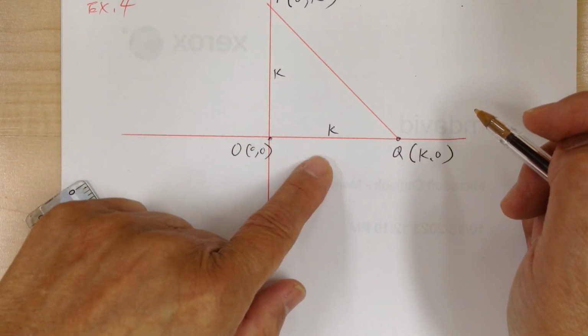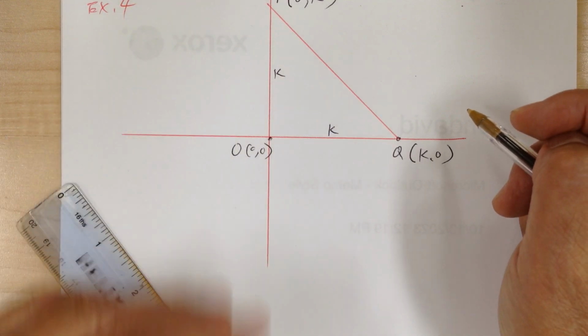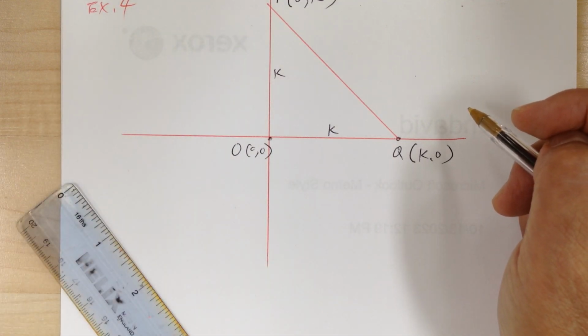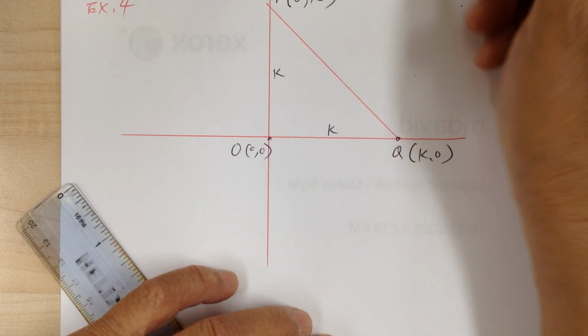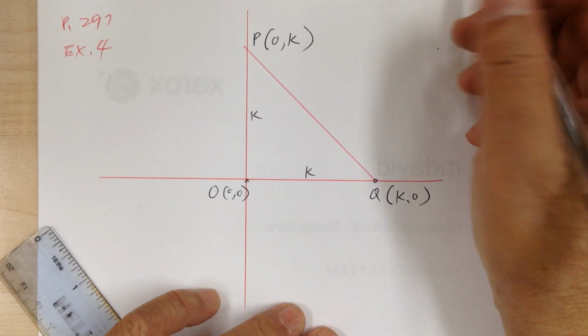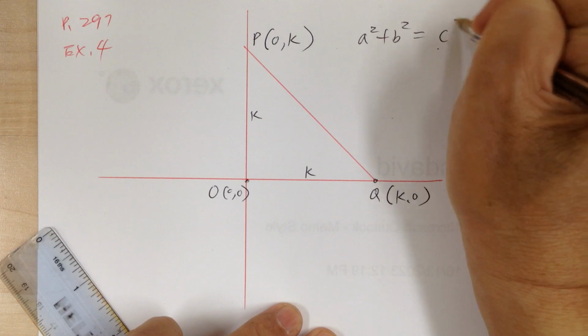Well, to find the length of the hypotenuse, you can use the distance formula, but sometimes people have a hard time memorizing the distance formula. And sometimes it seems more complicated. So a lot of times they use the Pythagorean theorem, so you can do it either way. Pythagorean theorem is a squared plus b squared equals c squared.